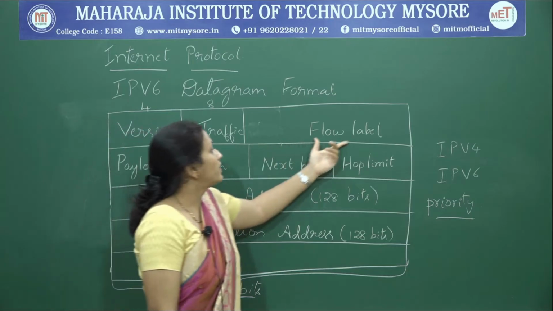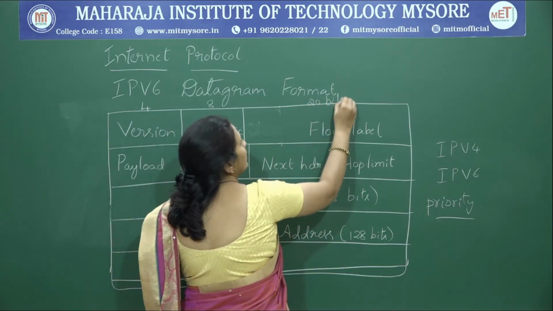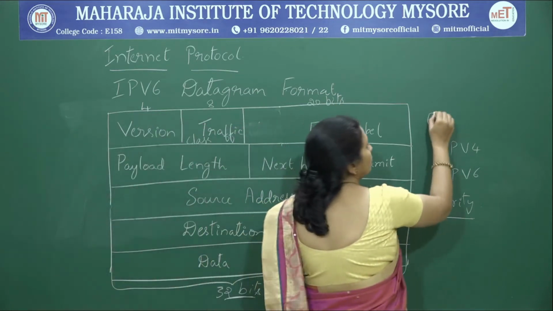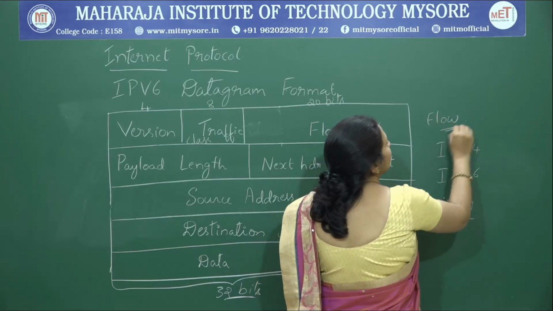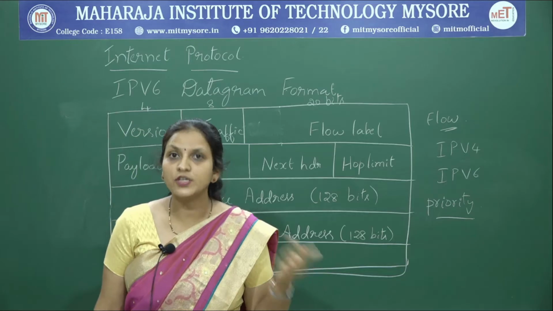The next field is flow label, which is 20 bits long and specifies the flow of the datagram. In case of IPv6, there is no clear definition of flow.